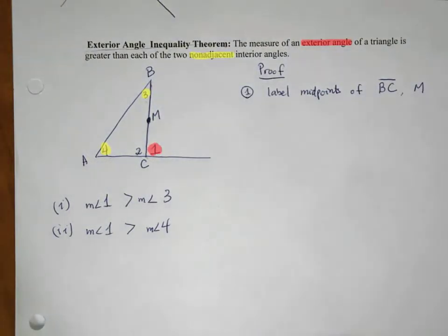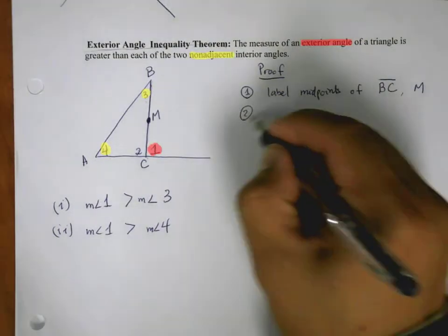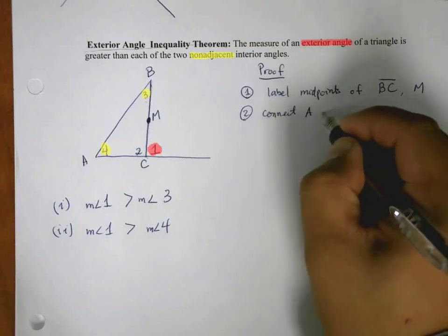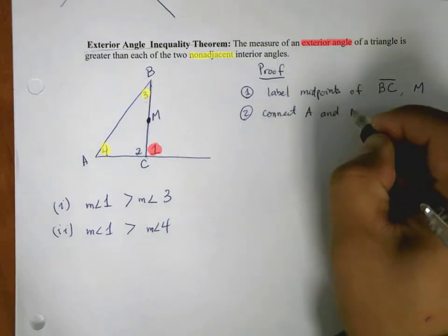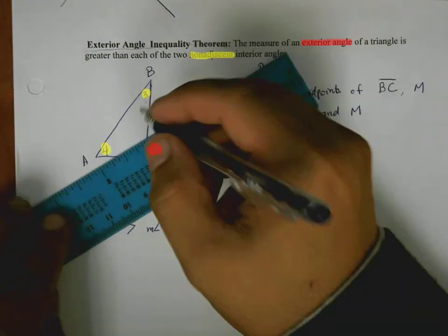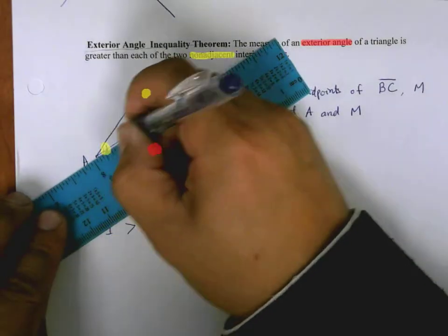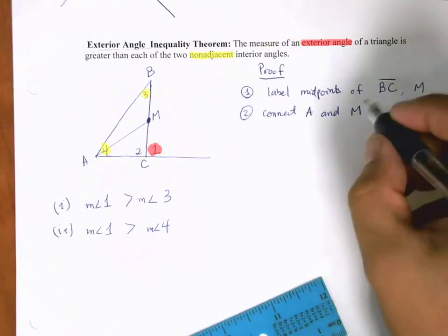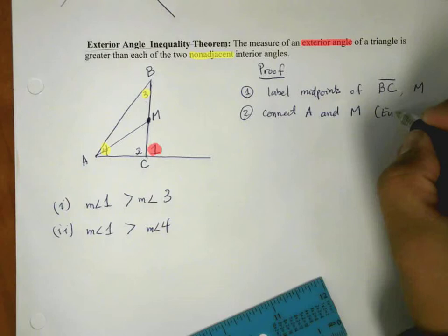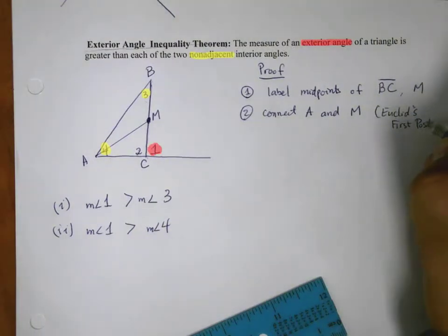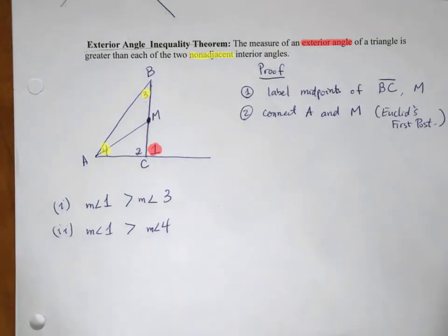Next, we are going to connect A and M. This is known as the ruler postulate. It's also called Euclid's first postulate. I like to name things based on Euclid, especially his 5 original postulates, sort of as an honorary thing.